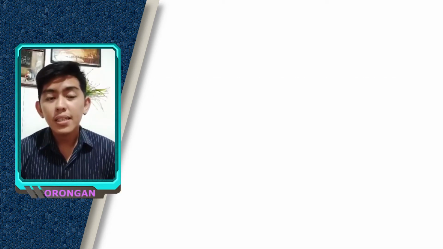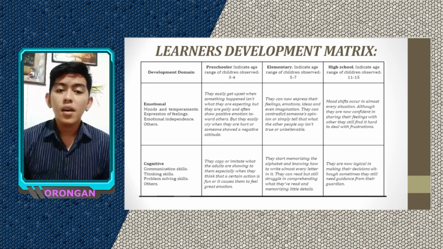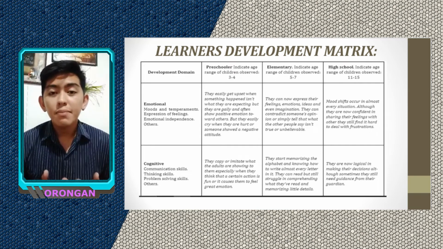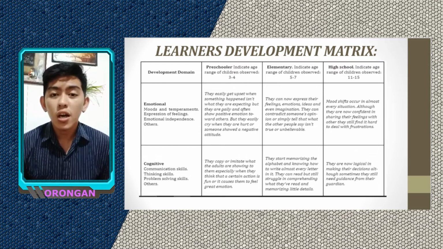The third development domain is emotional. Under emotional: moods and temperament, expression of feelings, and emotional independence, among others.